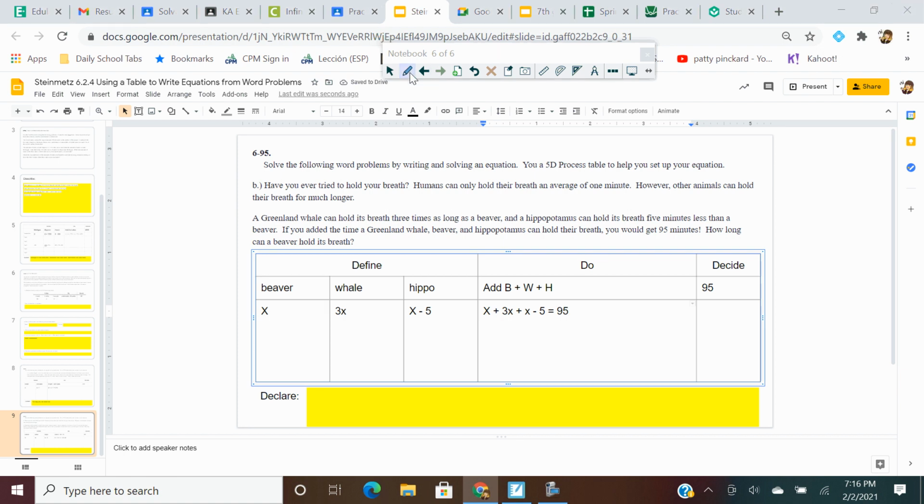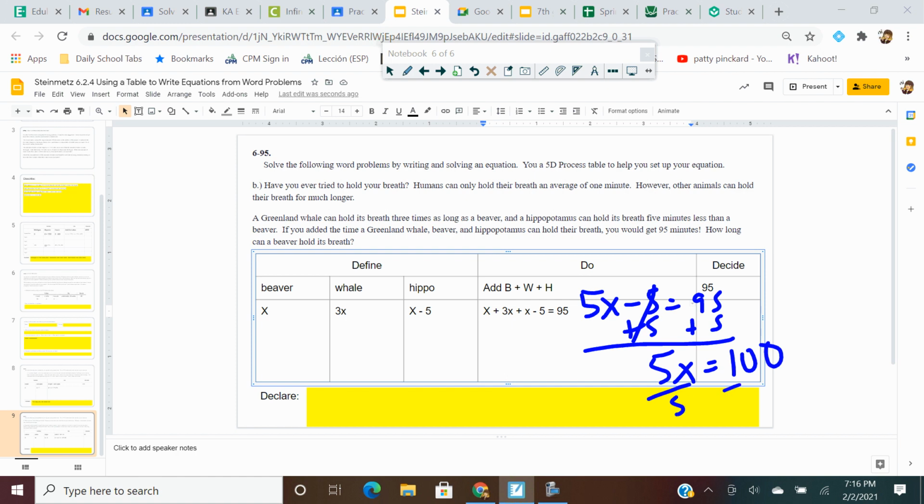So then when I show my work, I combine my like terms. x plus 3x plus x is 5x minus 5 equals 95. So then I add 5 to both sides. I get 5x equals 100 and divide by 5.